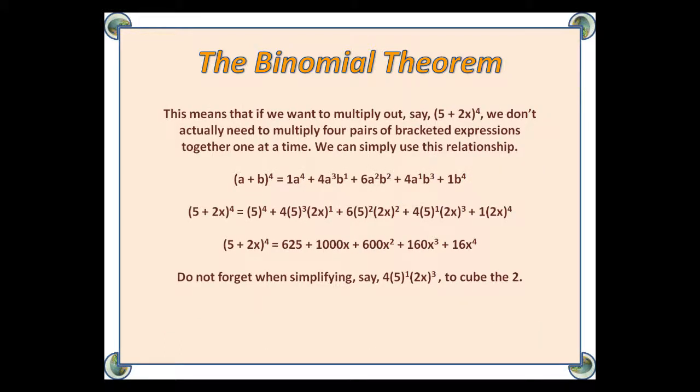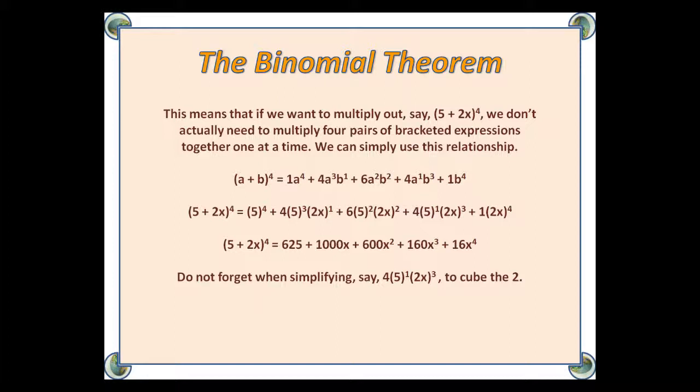This means that if we want to multiply out, say, (5 + 2x)^4, we don't actually need to multiply 4 pairs of bracketed expressions together one at a time. We can simply use this relationship. So if (a + b)^4 is as follows, 1a^4 + 4a^3b^1, etc., we can replace the a with a 5 and the b with a 2x.